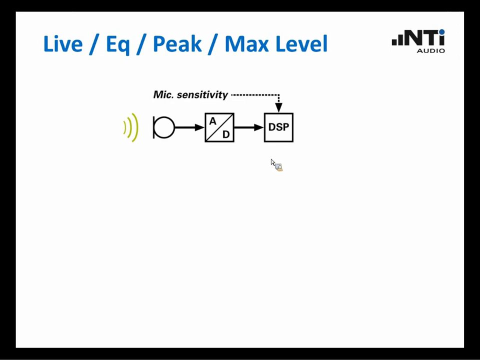An important side note is that the microphone sensitivity, which is the ratio at which the microphone translates the sound pressure into this voltage, of course also goes into this calculation. That's very important because we need the scaling so that the end result really accurately represents the physical situation in front of the microphone.